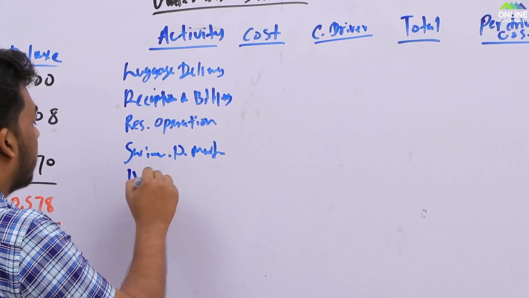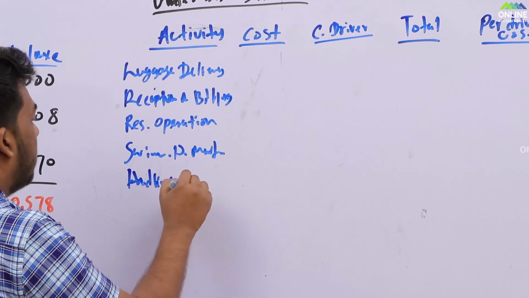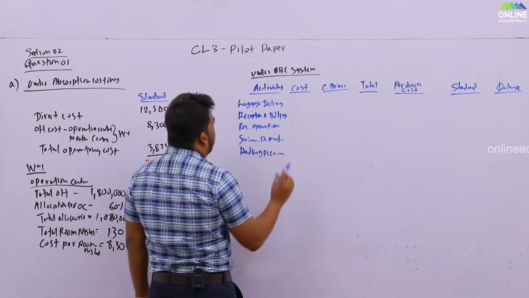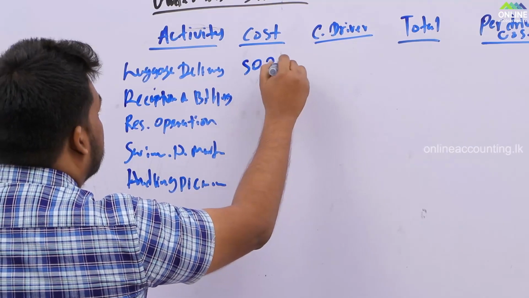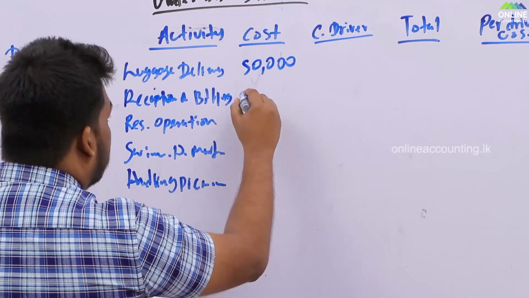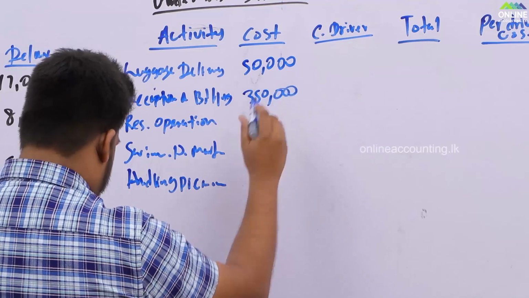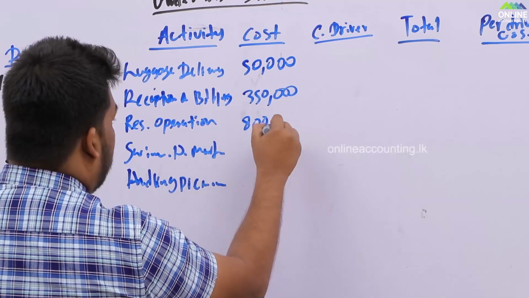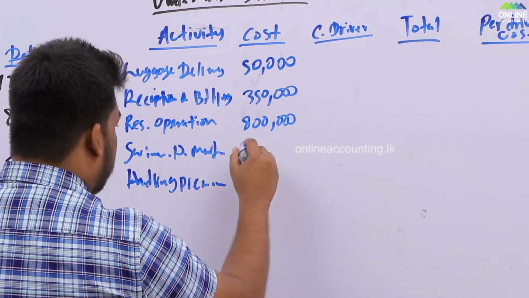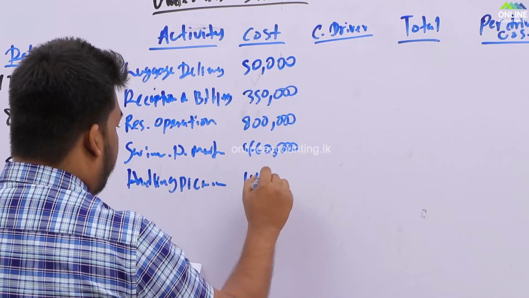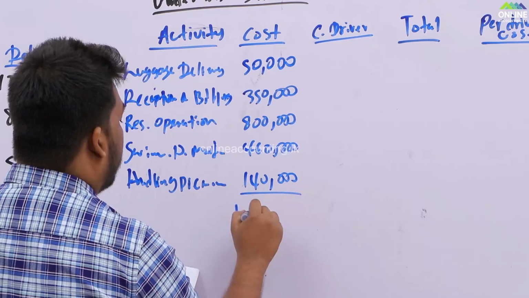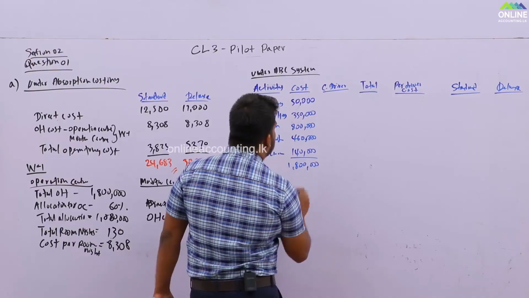So the total costs they have given: this is 50,000, this is 350,000, this is 800,000, this is 460,000, this is 140,000. So when you get everything, you have to get 1.8 million.